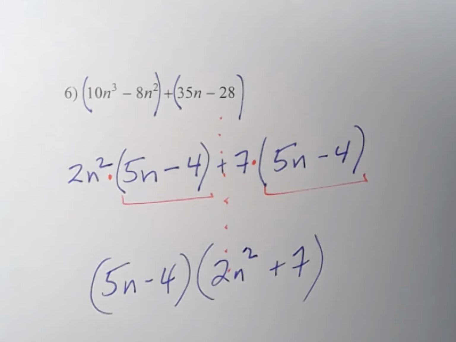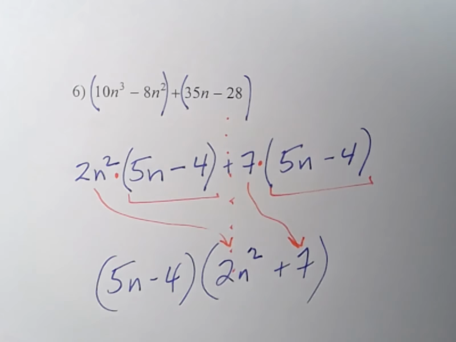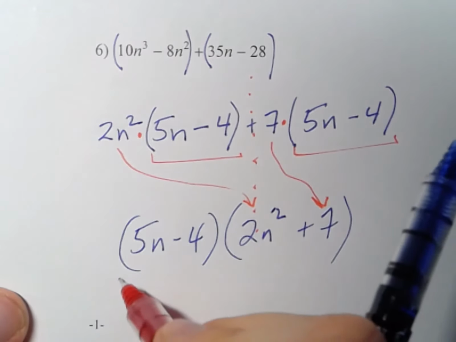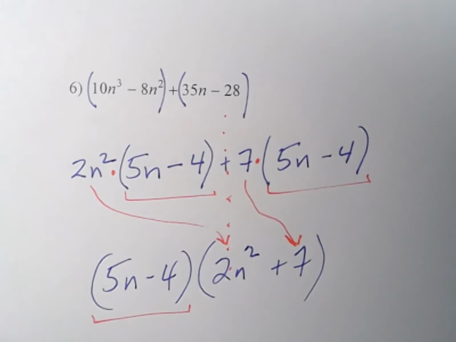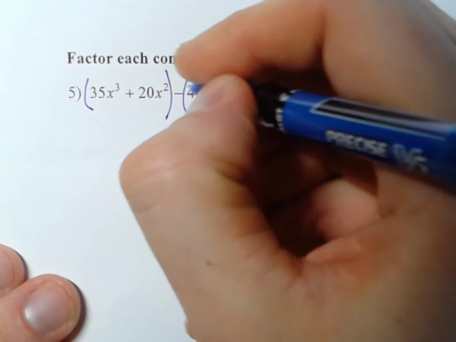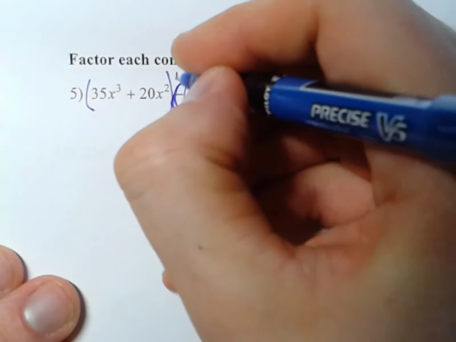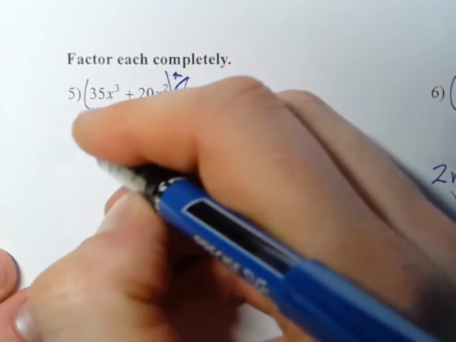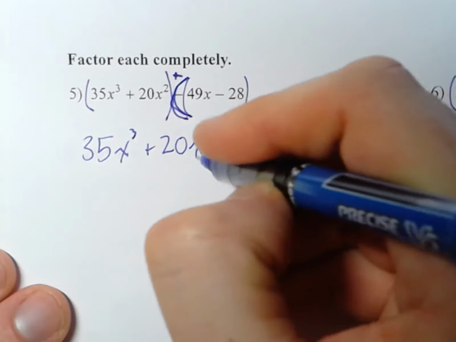When I took that out, the 2n squared and the 7 became my new leftovers, and this is what I've pulled out. Now the difference with doing this with a negative third term is that you have to group in the negative sign with that, because the 49 is negative, and then you're adding an extra plus sign in there.